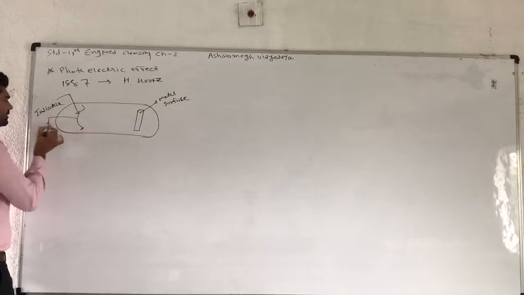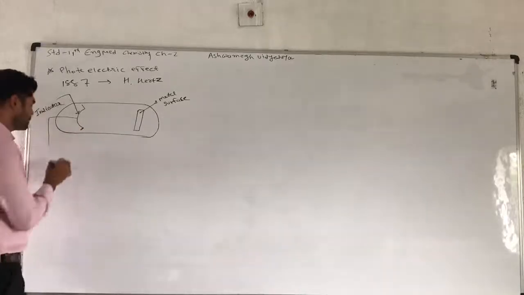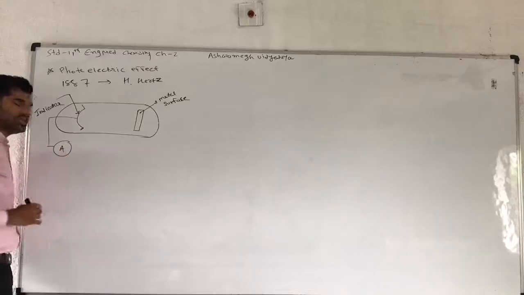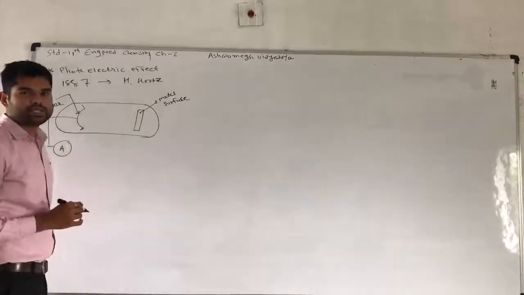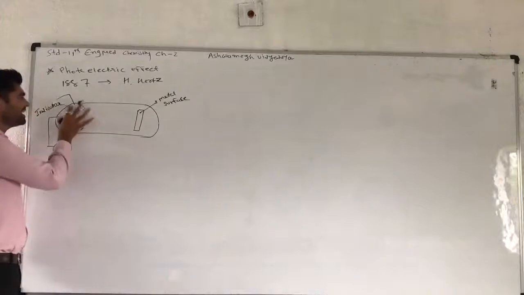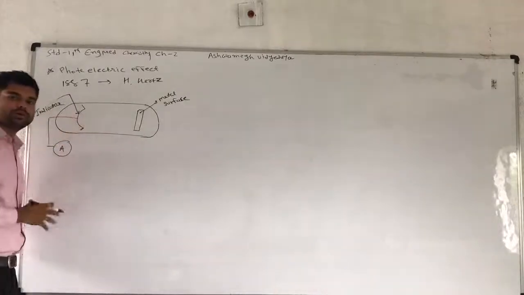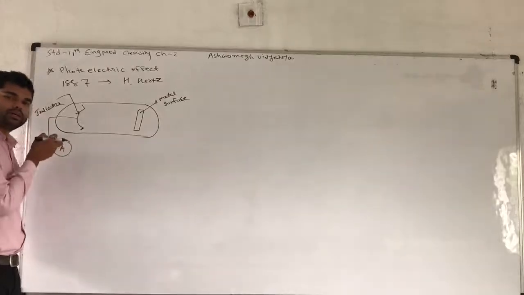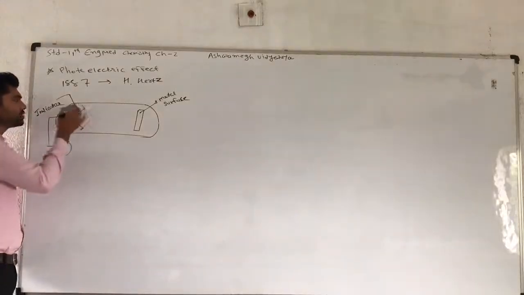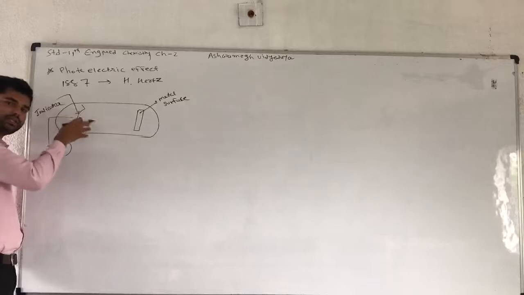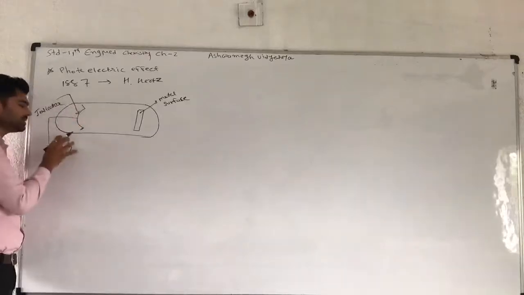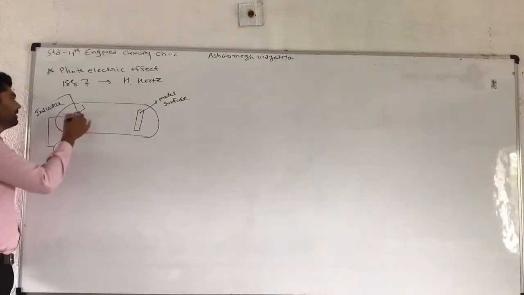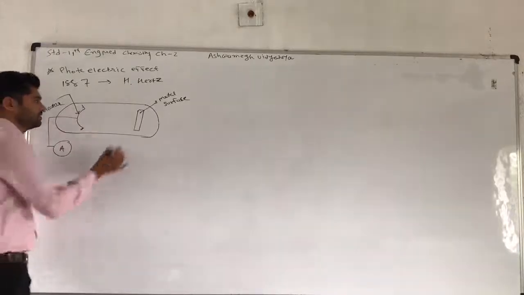This indicator is connected with a meter, so deflection can be measured on it. The indicator means the reading of the detector. We note down this deflection, and we can see it on the meter. So the indicator is for deflection measurement.